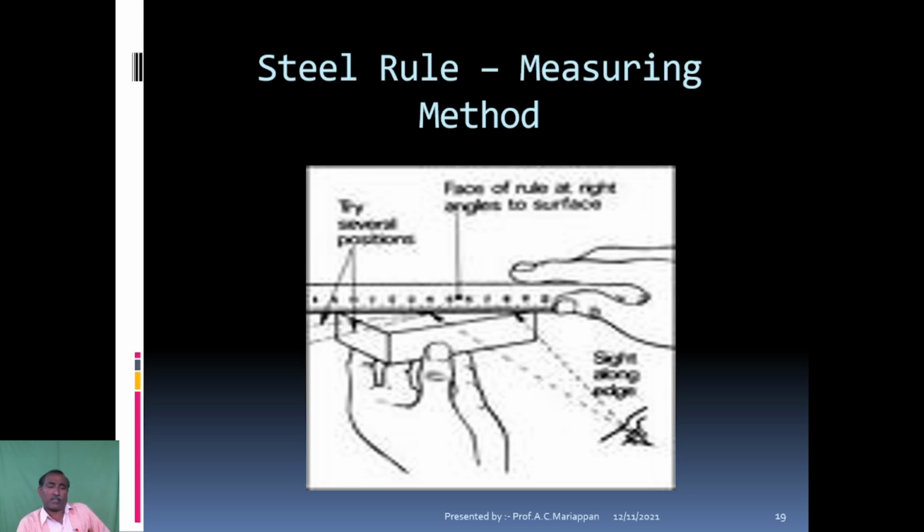And the measuring method, how to measure, because of the error. Usually two types of error will happen during measuring: a positive error and a negative error. If it is a positive error, the dimension we actually measure from the object gives additional information. That's why we need to minimize how much error occurs. And if it is a negative error, the dimension of the actual object is considered as a smaller quantity.